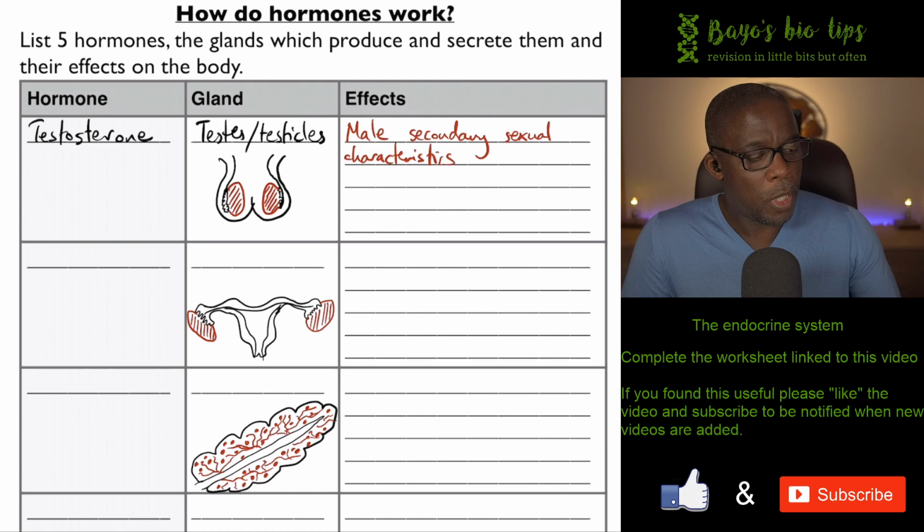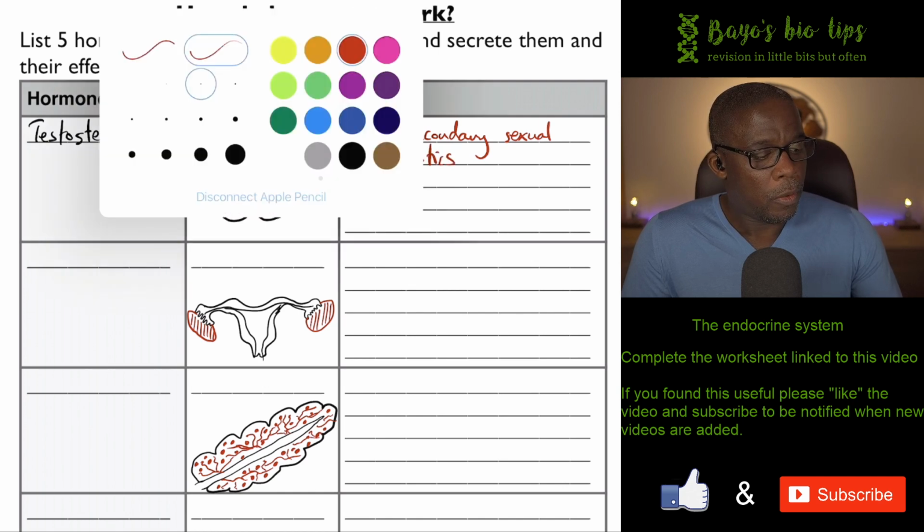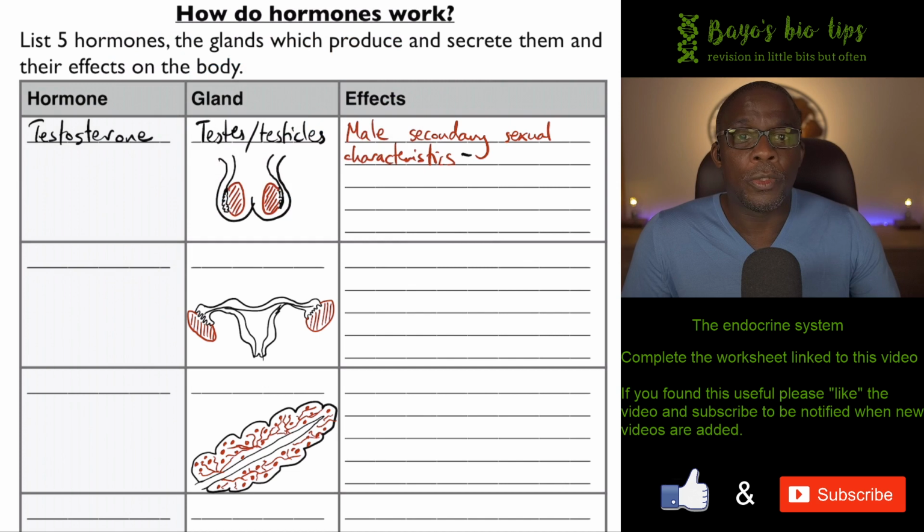What do I mean? Why secondary? Well, the primary sexual characteristic is having a penis and testicles in the first place. However, the secondary characteristics only arise when you are preparing to actually reproduce, and they happen at puberty. So these happen at puberty.